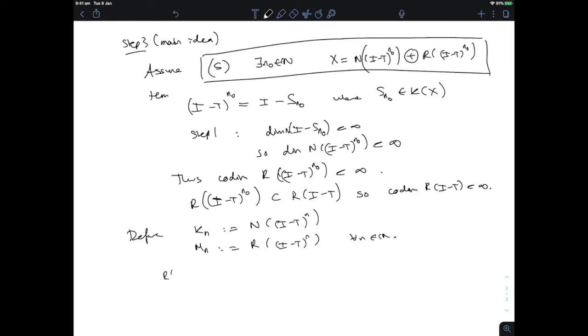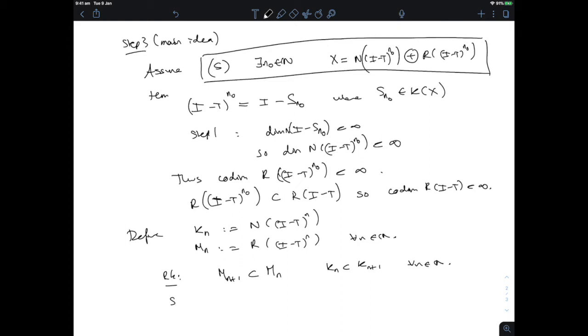Now remark that these things are nested, right? The range of I minus T to the power n plus 1 is certainly in the range of I minus T to the power n, and on the other hand, the kernel of I minus T to the n is included in the kernel of I minus T to the n plus 1 for all n.